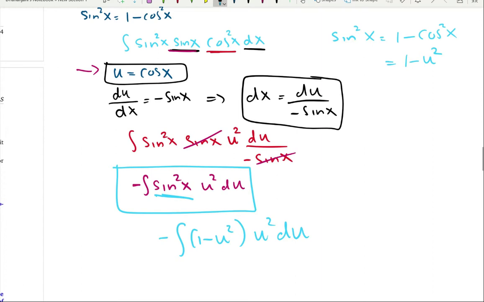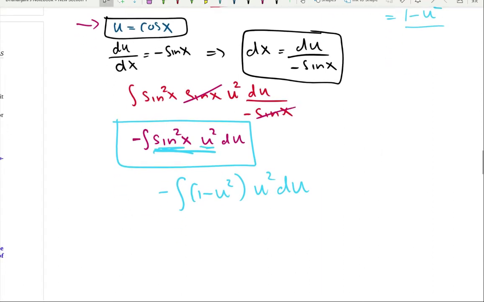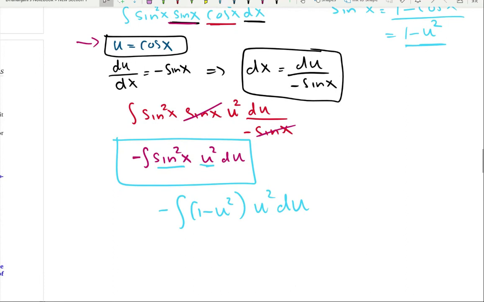We said the purpose is to convert sine into cosine or cosine into sine, to write the whole function in terms of just sine or cosine. We know u is cosine, so I need sine square to be in terms of cosine. So sine square x is 1 minus cosine square x, so it's 1 minus u square, right? And we don't care about the power here, because our cosine is u. Integrating 1 minus u square is easy, rather than integrating sine square, right?